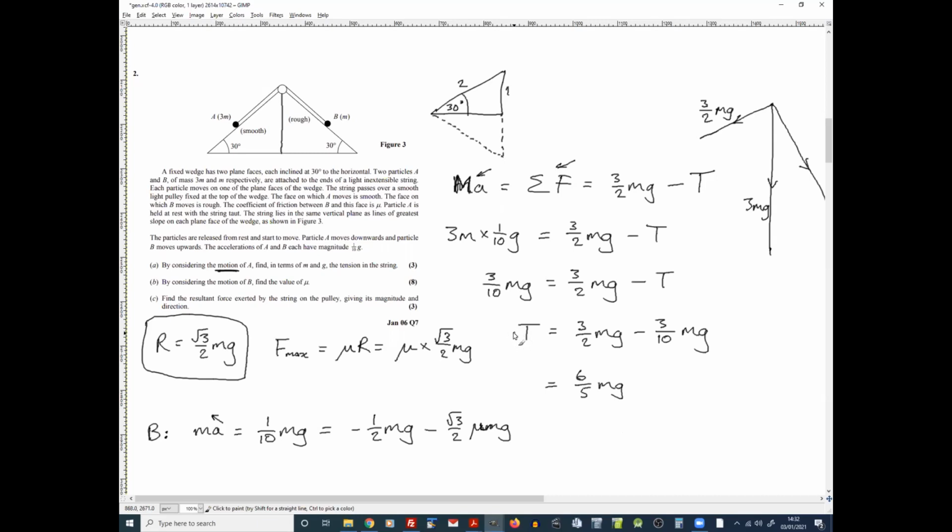Yeah, I think so. But how would it be moving upwards then? How can the force with which it's moving be positive up the slope if the only forces acting on it are down the slope? We've got to add something to those.